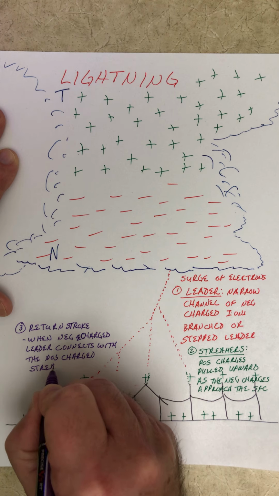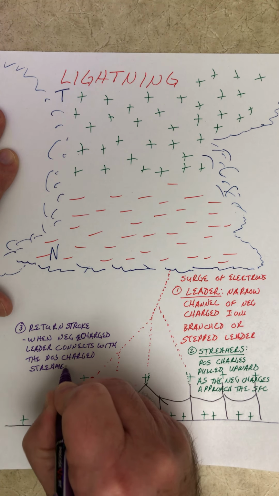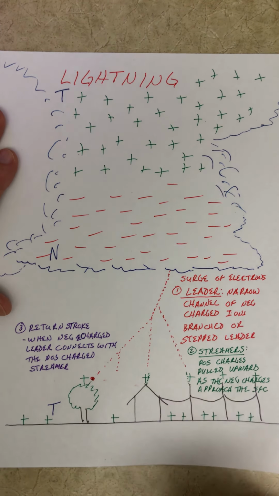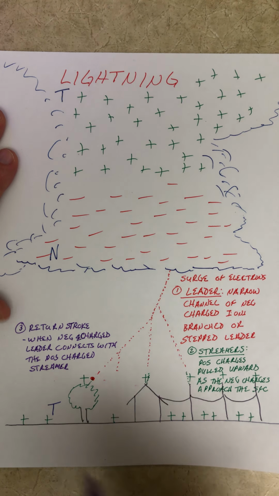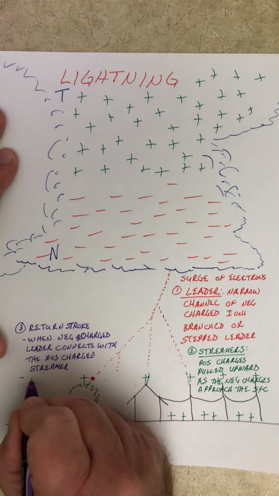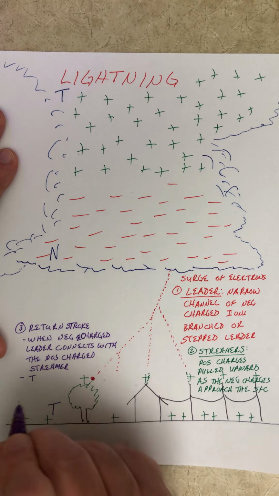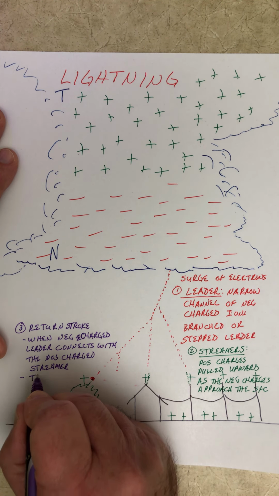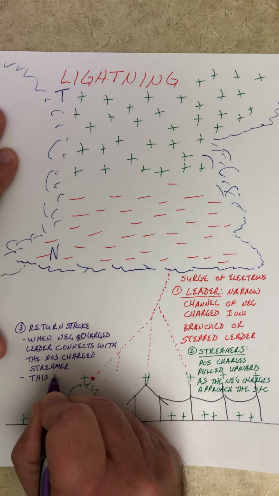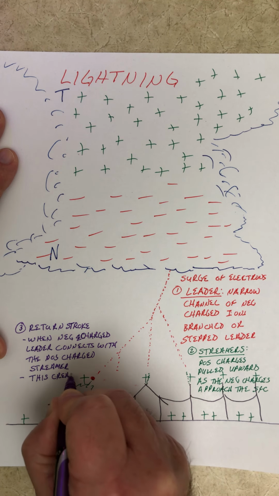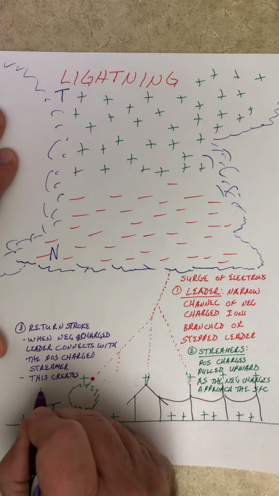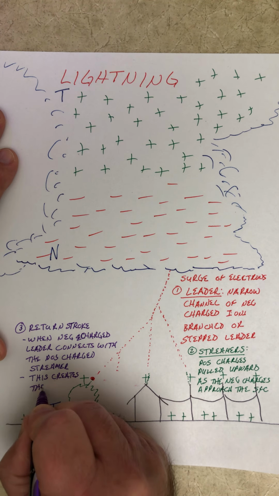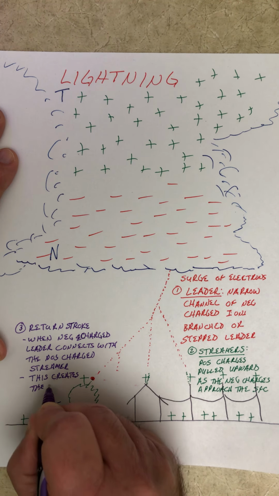Okay? When you get that connection of the leader and the streamer, this initiates the lightning bolt. Okay? So this connection between the negatively charged leader and the positively charged streamer creates the initial flash of the lightning bolt.